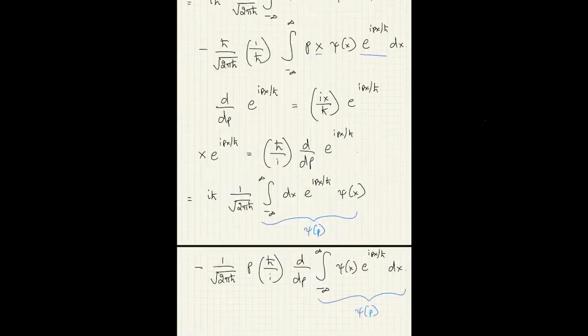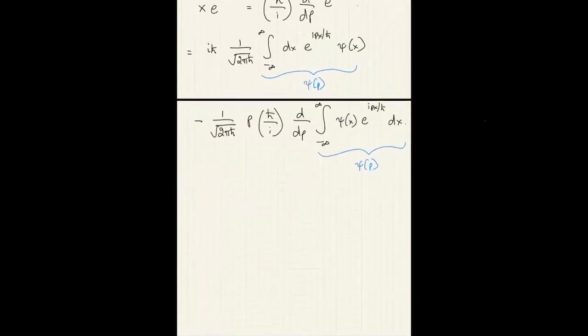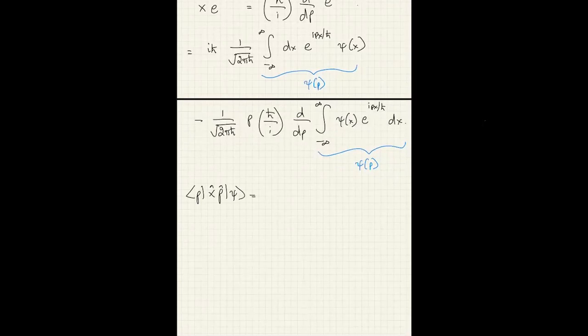So when all is said and done, the matrix element, which is p x psi, can be written as i h bar. So notice that the psi of p also involves the 2 pi h bar.